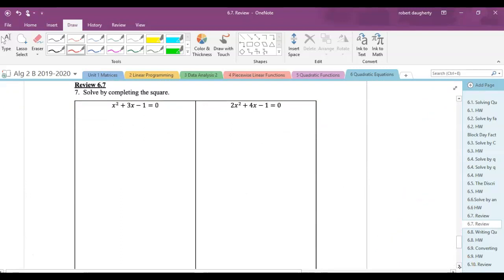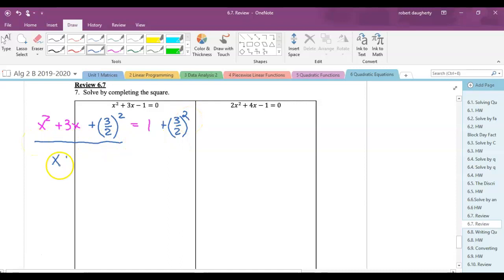So to complete the square here, you're going to have x squared plus 3x equals 1. So I need to add half of this number, so 3/2 squared, to both sides. What I get on the left is a perfect square.